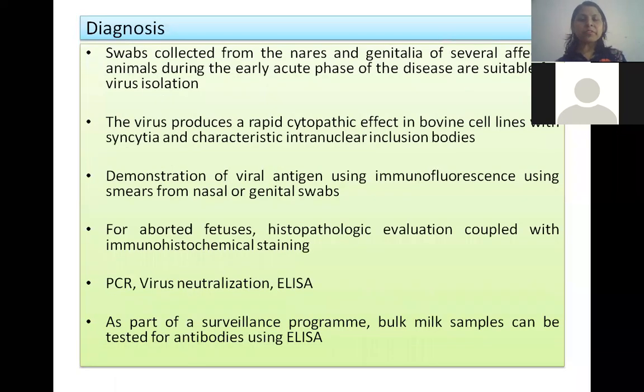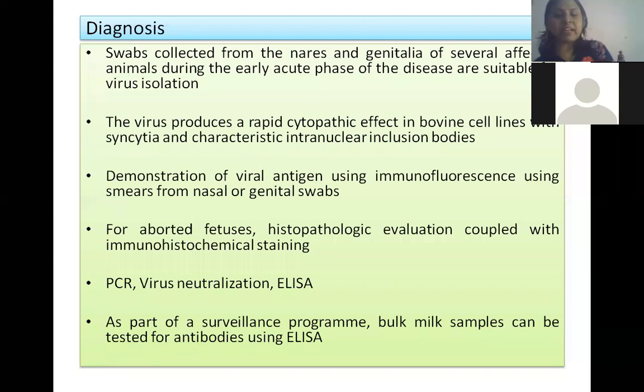Coming to the diagnosis, it can be done by collecting swab samples from the nares or the genitalia of the affected animals during the early acute phase of the disease, and these samples are also suitable for virus isolation. In cell culture, the virus produces rapid cytopathic effect, syncytia formation, or intranuclear inclusion bodies.